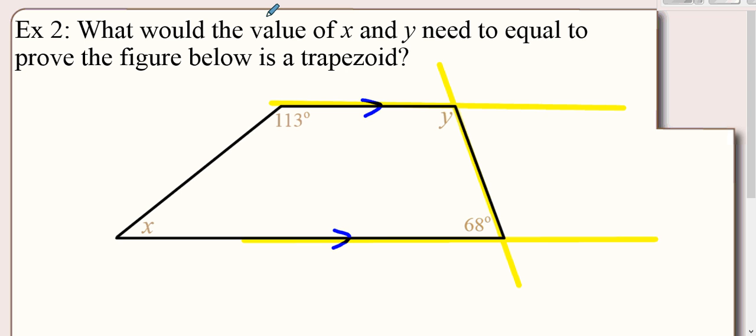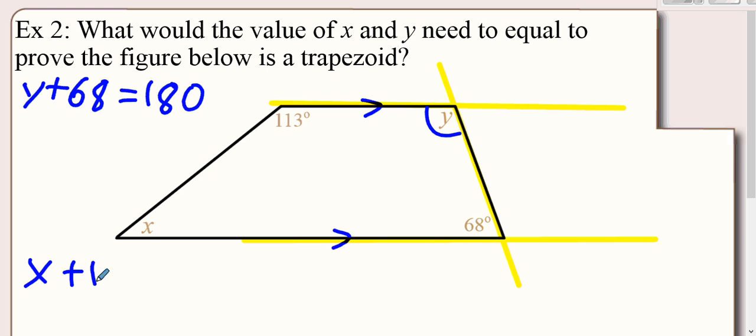So if we're looking at angle Y and angle 68 degrees right here, those are same side interior, which means they are supplementary. So that means angle Y plus this angle, 68 degrees, equals 180, because they're same side interior. You could do the exact same thing over here to get angle X plus 113 equals 180.